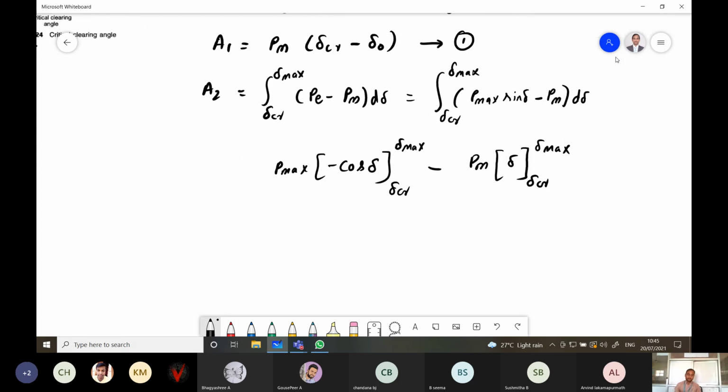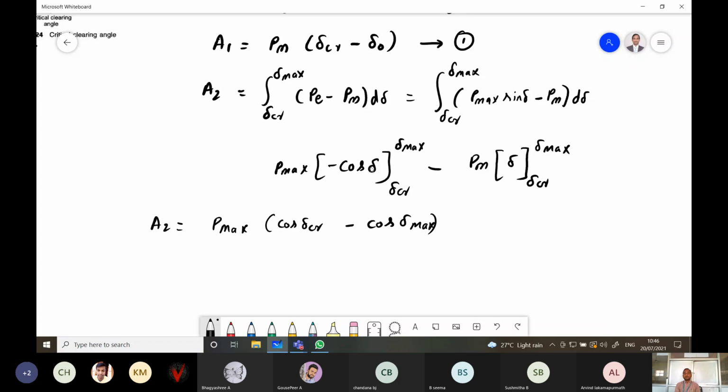Then A2 will become P max times cos of delta CR minus cos of delta max.